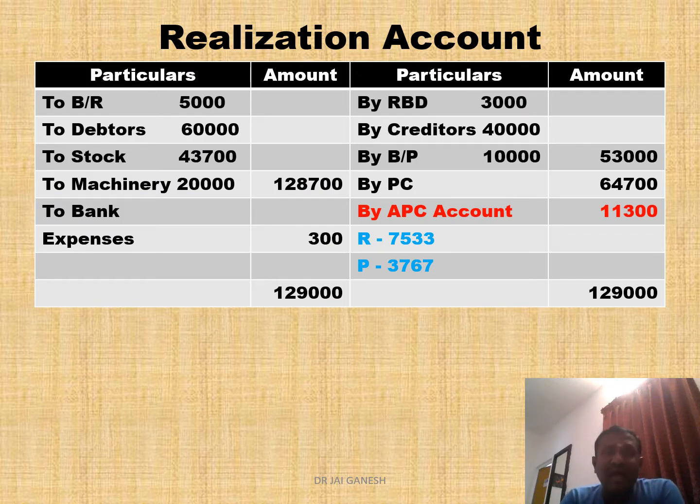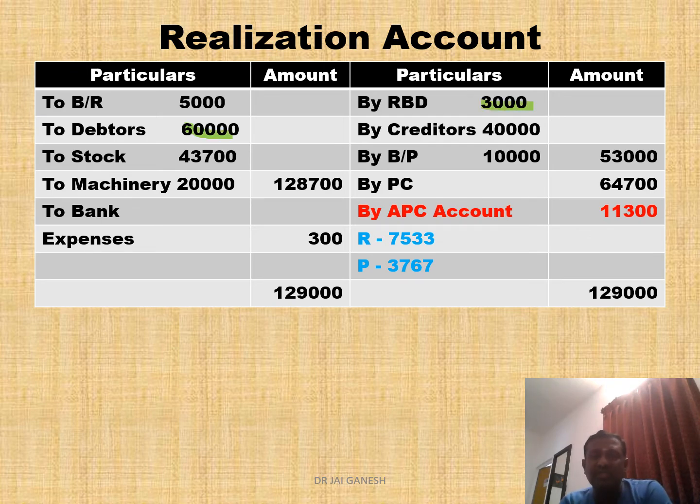Now how to prepare the realization account? Bring all assets from the balance sheet to the debit side: BR, debtors, stock, machinery. These are the assets transferred from balance sheet to the debit side of realization account. Then as per accounting procedure, I repeat, gross debtors are taken in the debit side, reserve is taken in the credit side.